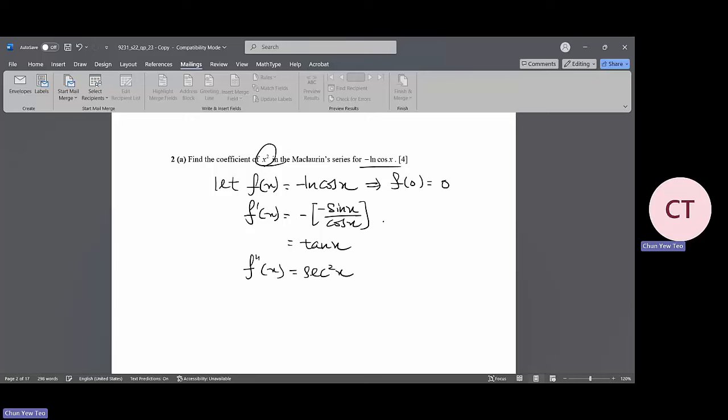Negative ln 1 is 0. Replace the 0 inside here, you get 0. And if you replace 0 inside here, you get 1.